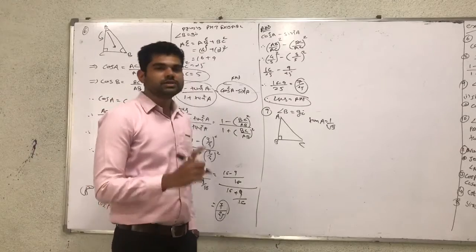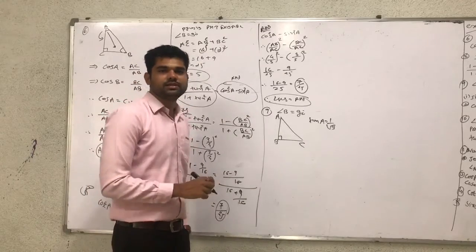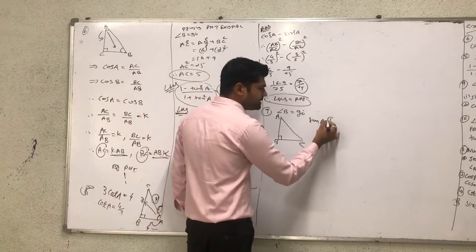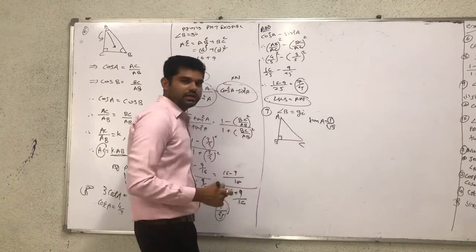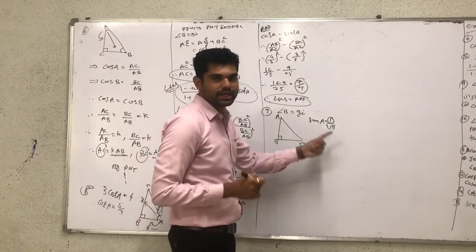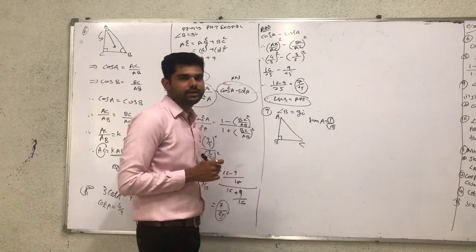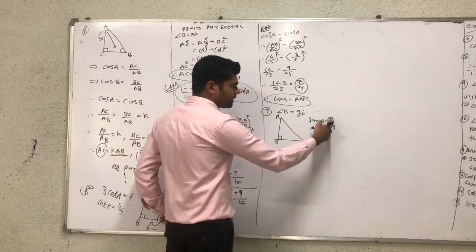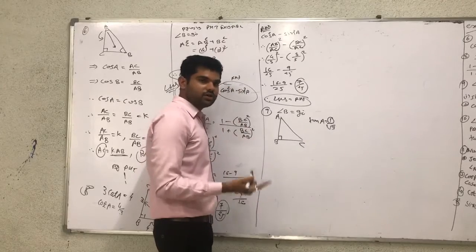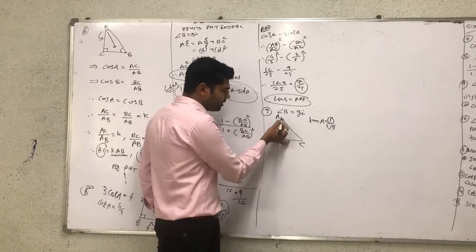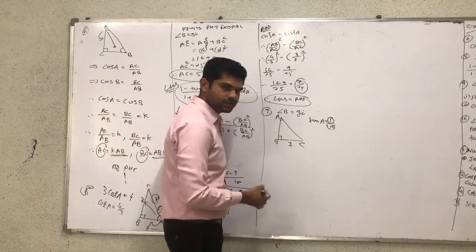Tan means opposite side divided by adjacent side. So 1 represents the opposite side of angle A, and under root 3 represents the adjacent side of angle A. So the value 1 means which side? Opposite side of angle A.